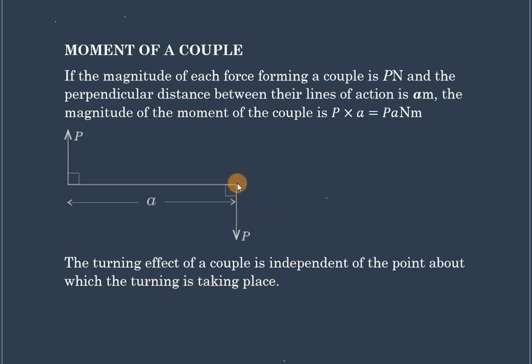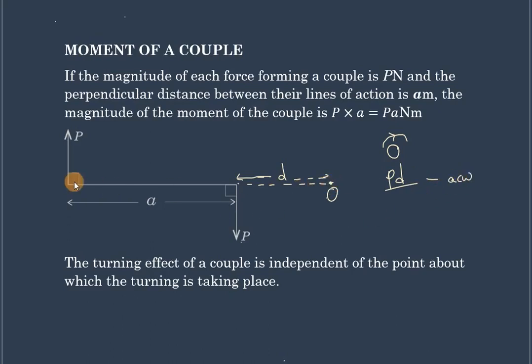Let us try to do this. Let us extrapolate this one to a certain point O, where the distance from here to there is D. Now if I take moments about O, for this force here it is PD, and this one is anti-clockwise.